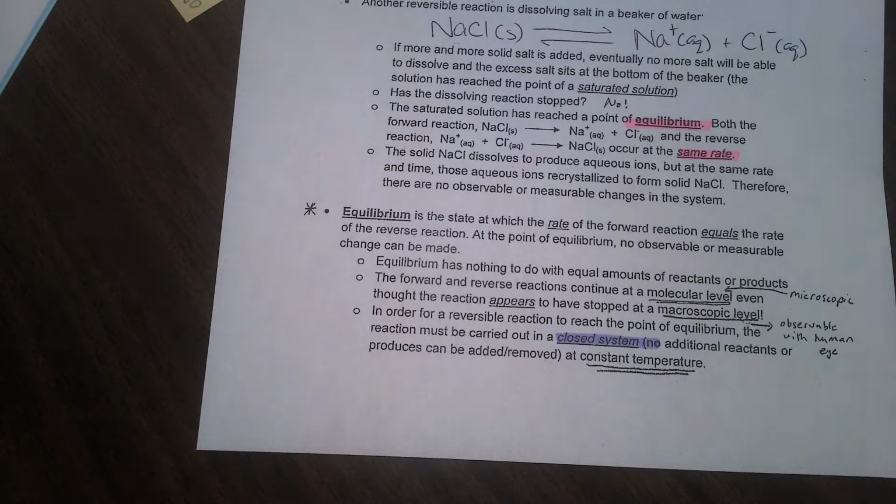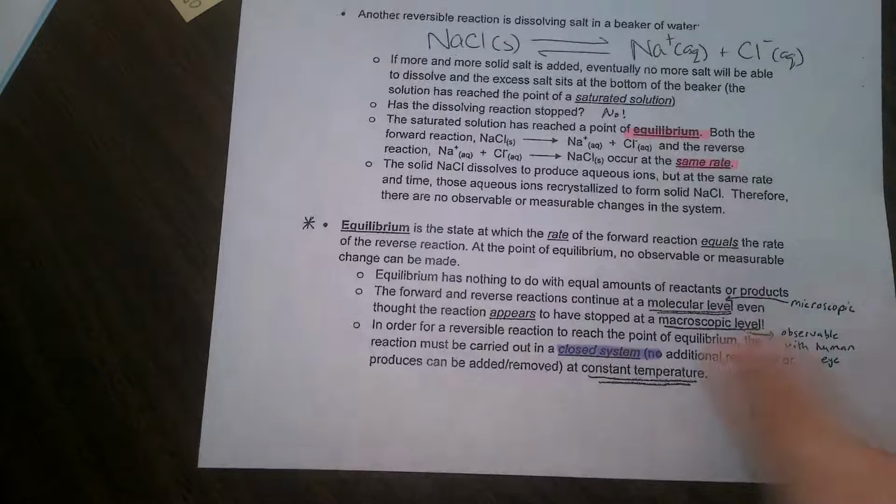Okay? And it has to happen at a constant temperature. We're going to learn when we get to lesson 3, Le Chatelier's principle. Heat changes things. Why does it have to be in a closed system? So we don't have evaporation or condensation back into the system adding to it, right? Okay.